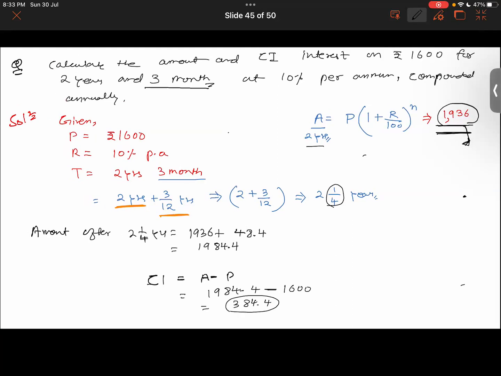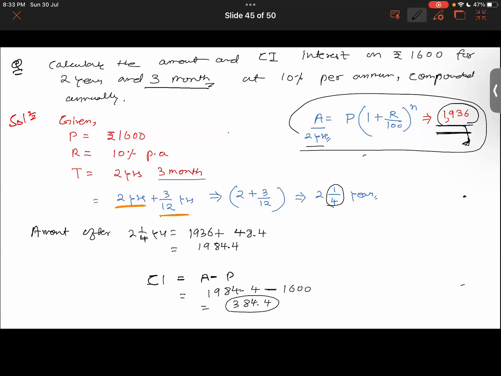Yes, sir. Let me quickly summarize it because the time is running. Look, in this case we were required to first find the amount for 2 years. First, we calculated the amount for the first 2 years, and we calculated it to be 1936.